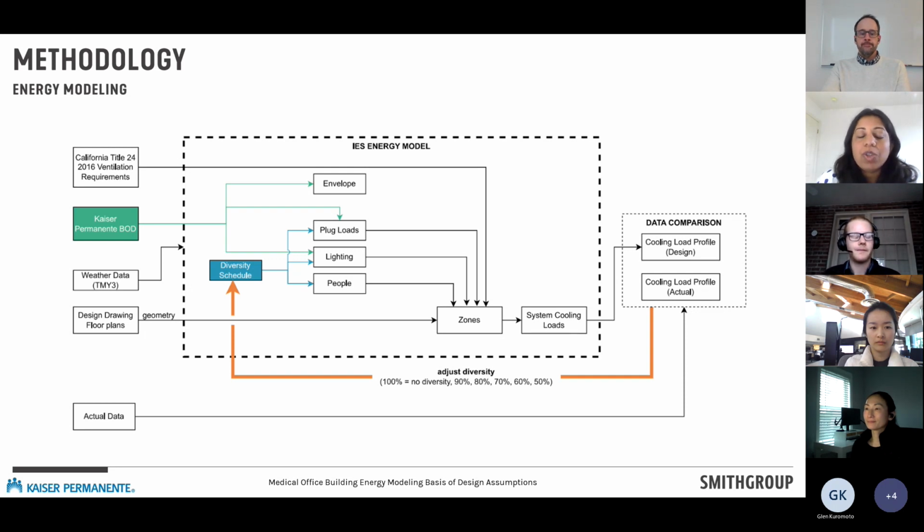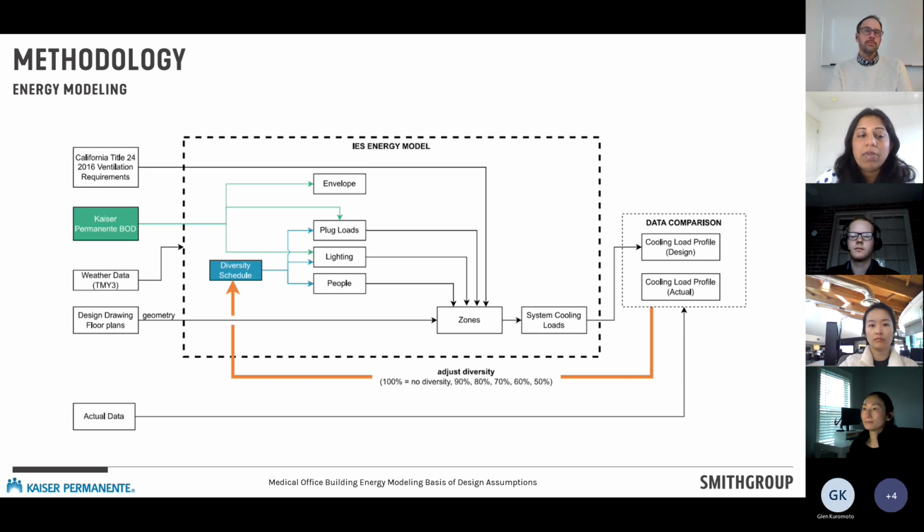The actual geometry was based on the Hesperia floor plans, and envelope, plug loads, lighting, people, all the internal gains are basically taken from the BOD that was provided. There were some discrepancies between the BOD and the assumptions we made, but we will be talking about that in the next few slides. The outside air is based on Title 24, California Title 24.